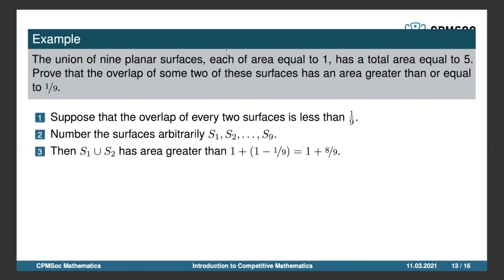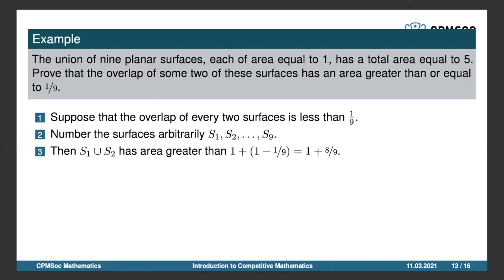So if we take surface S1 and then add S2, to find the total area we can add the area of S1 and the area of S2, but then we have to subtract the intersected area, because we can't count the intersection twice. If we add the areas of S1 and S2, that's 1 + 1 = 2.